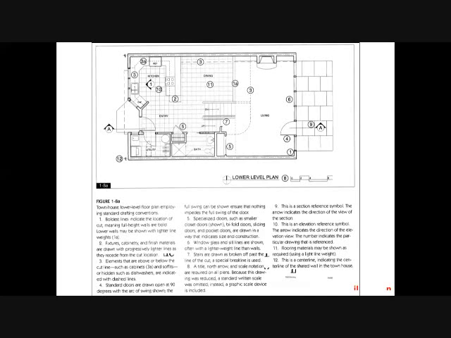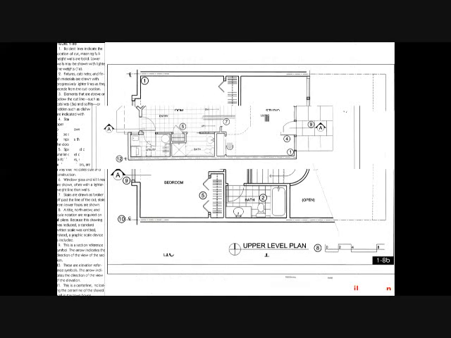This is a simple drawing that shows the architectural plan of a house, a lower floor, and this is the upper floor plan. You see, everything is simple and straightforward. We have to be very specific. The tiling of the bathroom is shown.